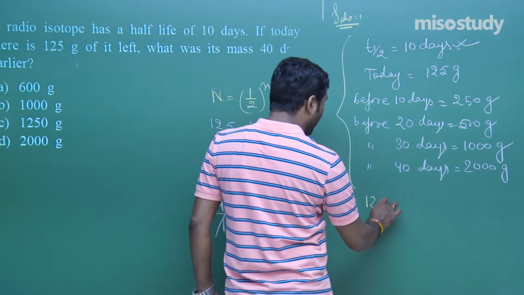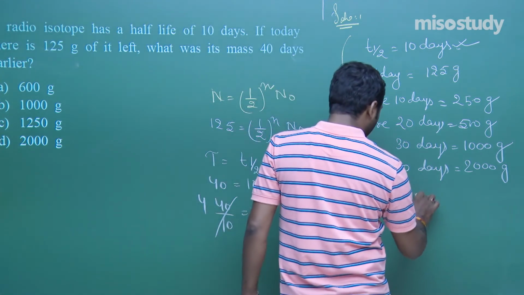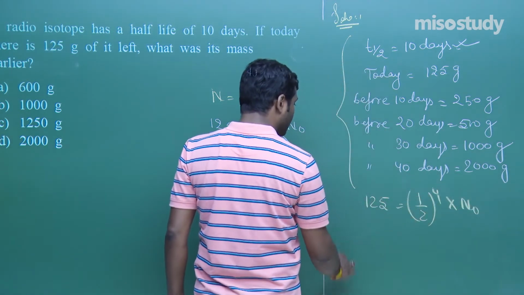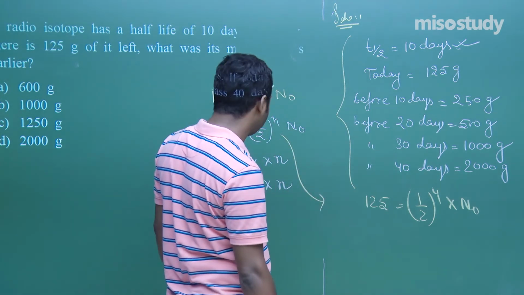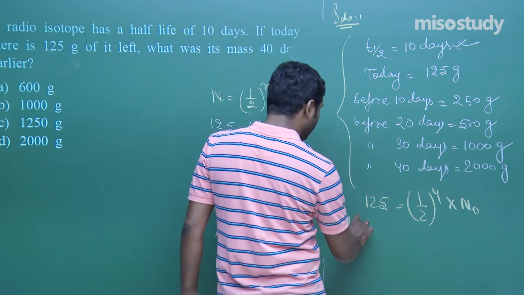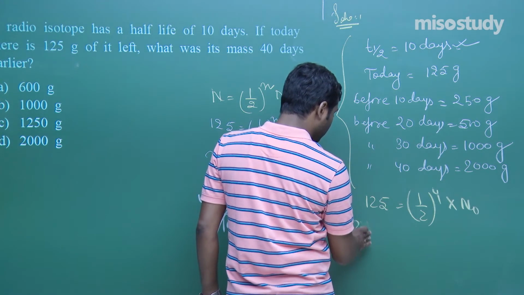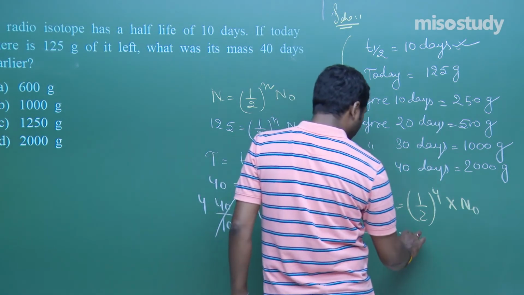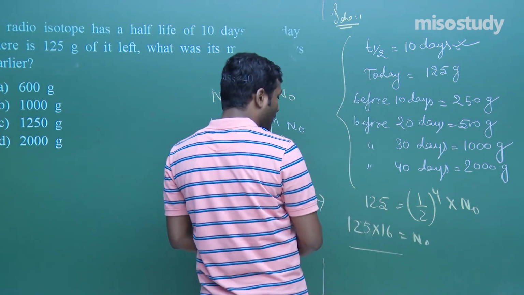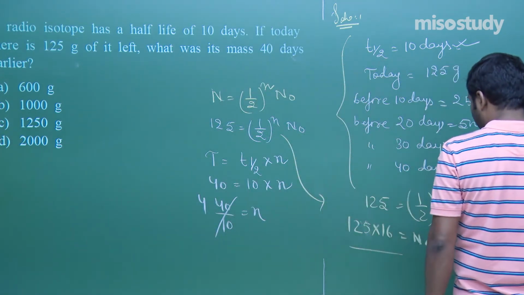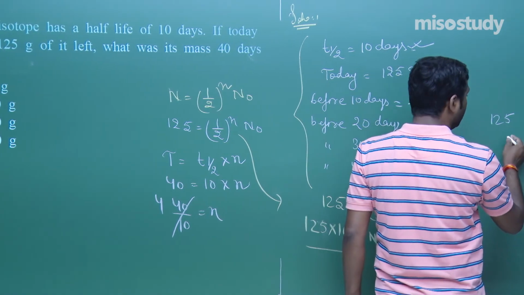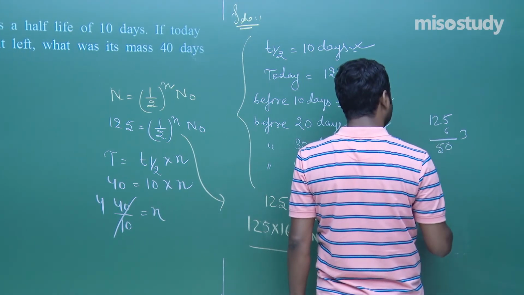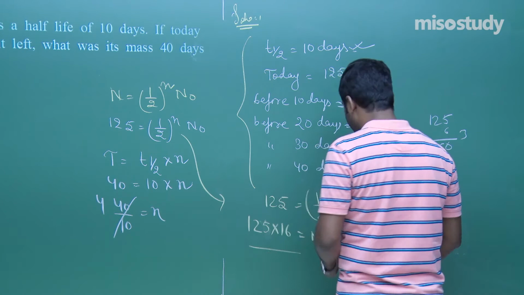So 125 is equal to 1 by 2 to the power 4 into N naught. Now 1 by 2 to the power 4, what will happen in this case? That is 1 by 16. So 125 into 16 is equal to N naught. 125 into 16 is 750 plus 1250, that is 2000.